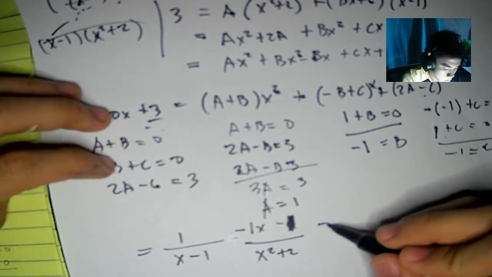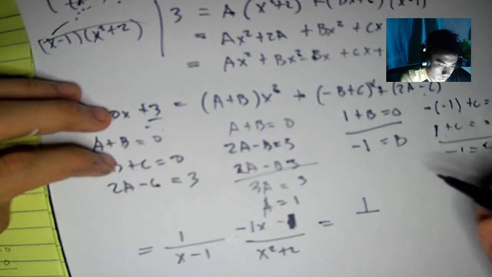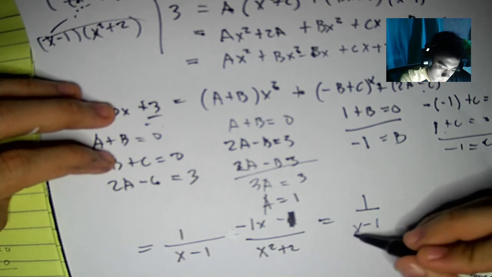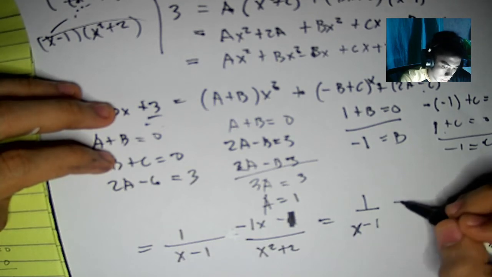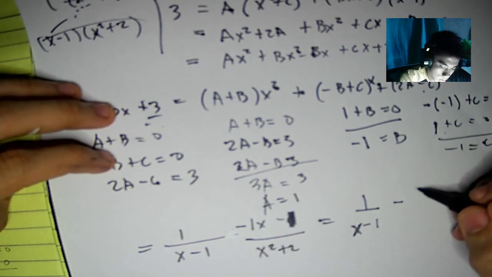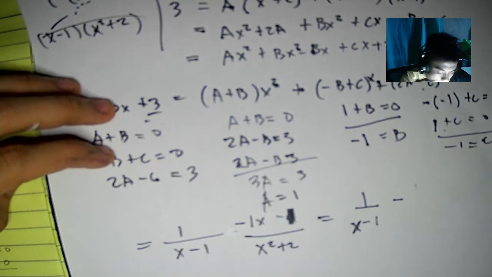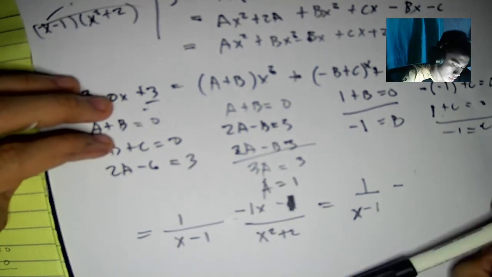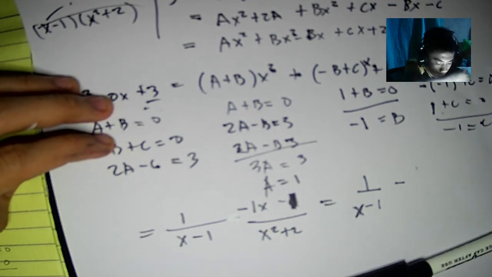So it's equal to what? So our answer is 1 over x minus 1 minus... So what we did here is this one, 1x.